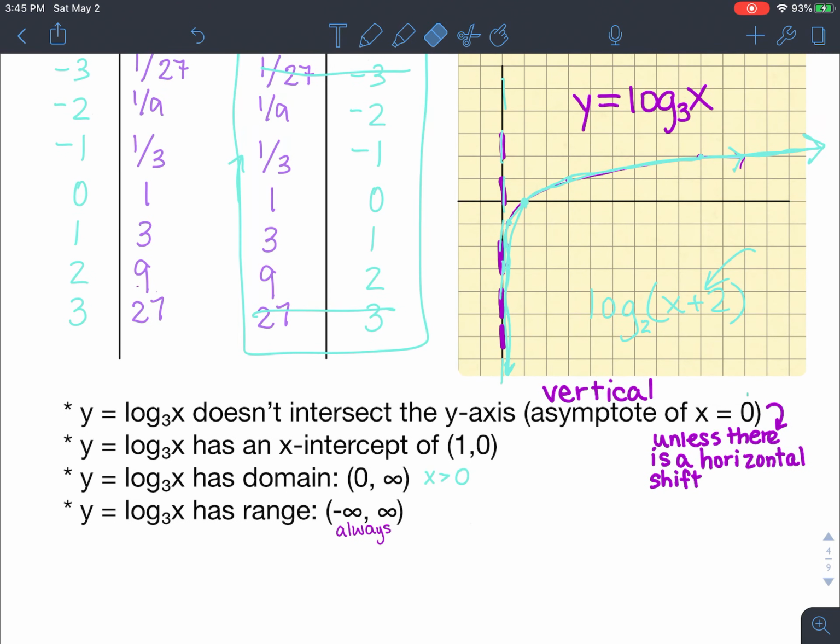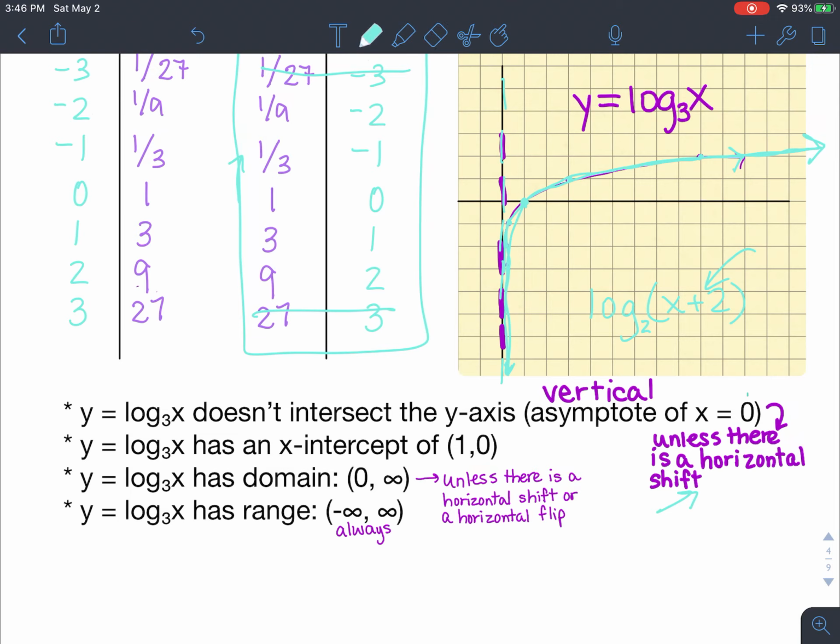The only time that log base 3 would not have a domain of 0 comma infinity is the same time as here. So if there's a horizontal shift or a horizontal flip, the domain will change.